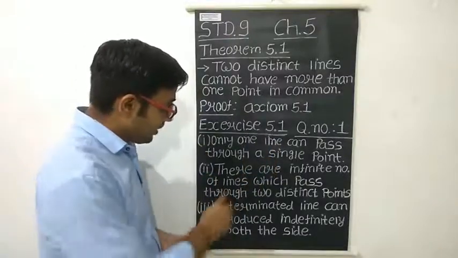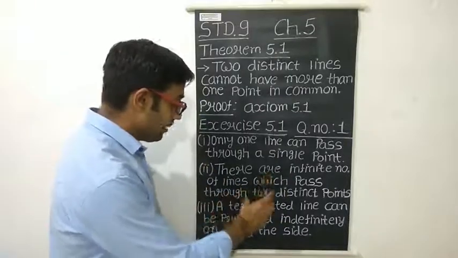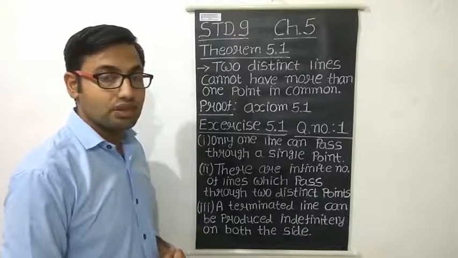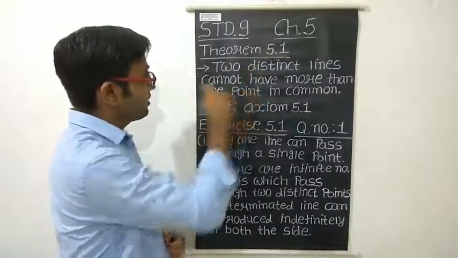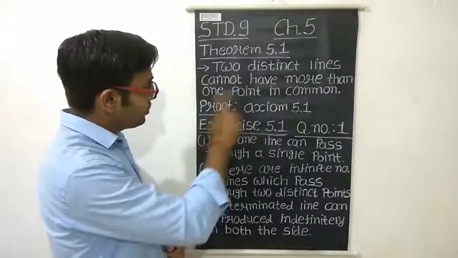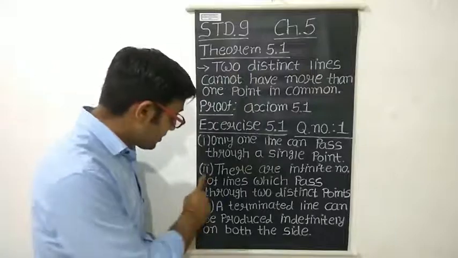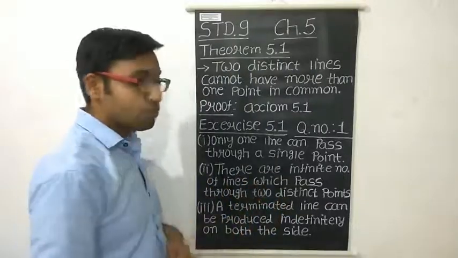Second statement: there are an infinite number of lines which pass through two distinct points. This statement is wrong because we have just studied theorem 5.1 that two distinct lines cannot have more than one point in common. And this statement said that there are infinite lines which pass through two distinct points.